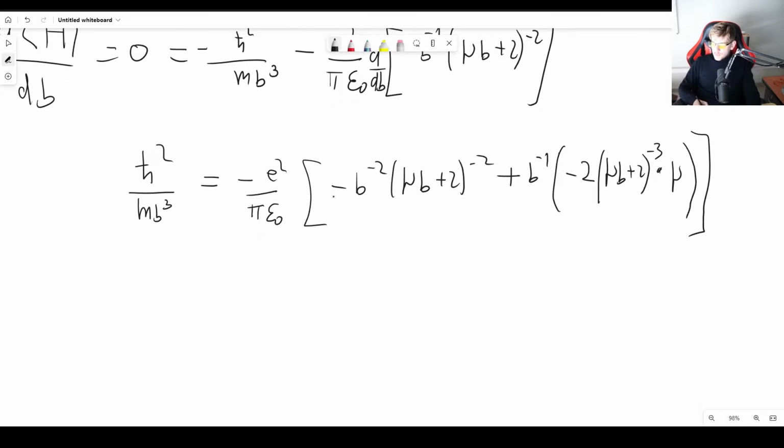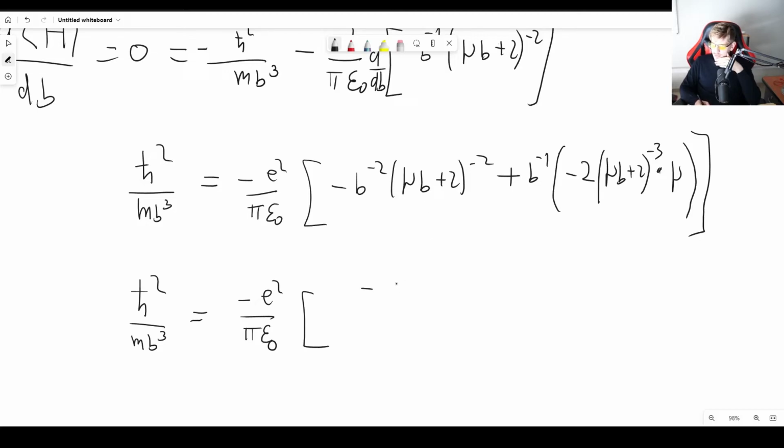So now let's try to rewrite this a little bit better. I'm going to leave everything else as is. So h bar squared over mb cubed is equal to minus e squared over pi epsilon 0. And let's see, what about this? Let's go for a common denominator. We can see we have b's and mu b's. So actually, let's write it like this.